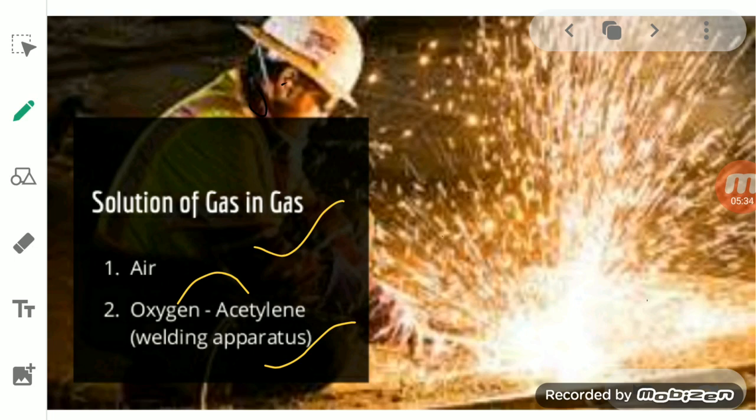So the solution has a solvent as a gas as well as a solute as a gas. So this is a solution of a gas in a gas.